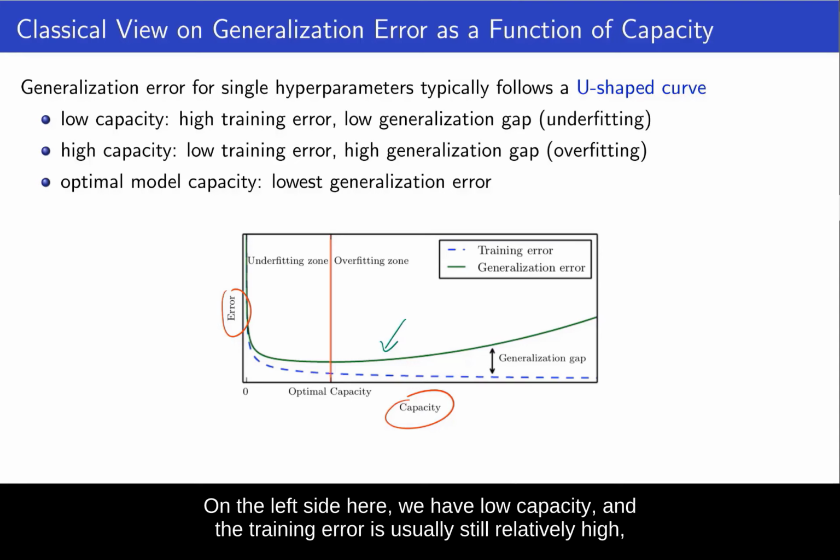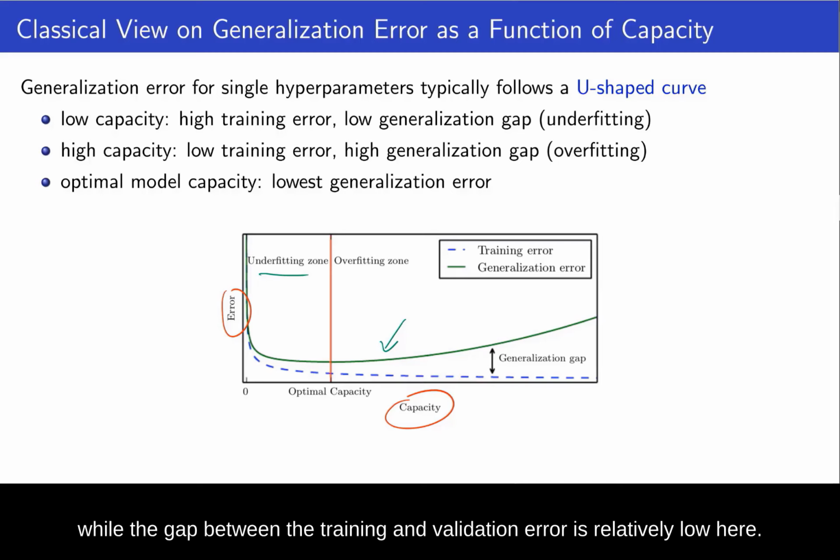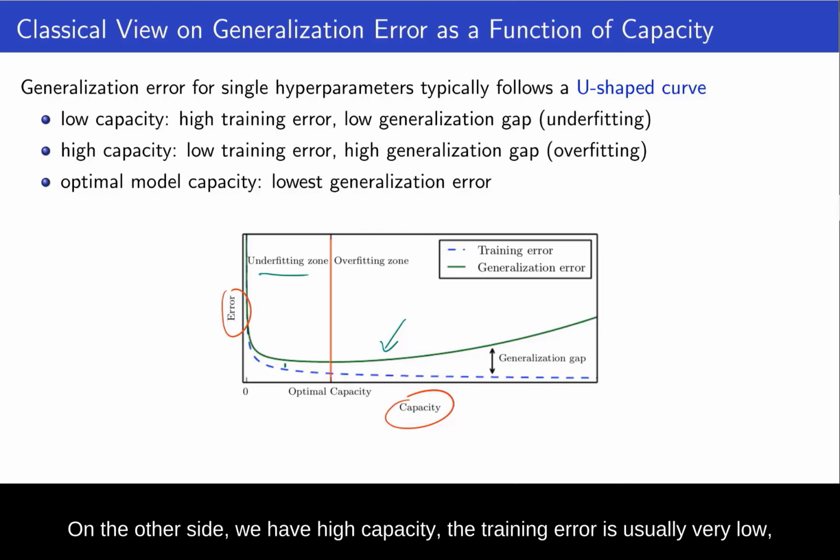On the left side, we have low capacity, and the training error is usually still relatively high, while the gap between the training and validation error is relatively low. So we're in the underfitting regime, where the training error is still too high.